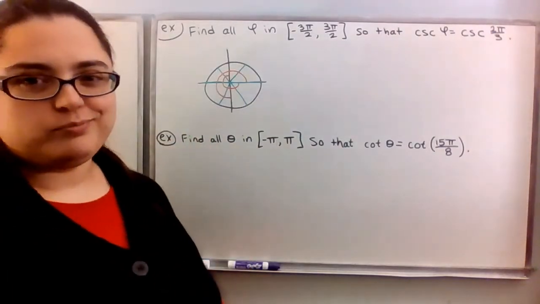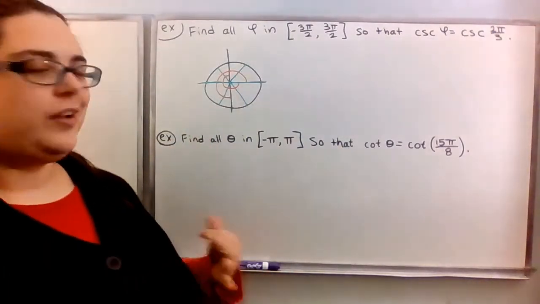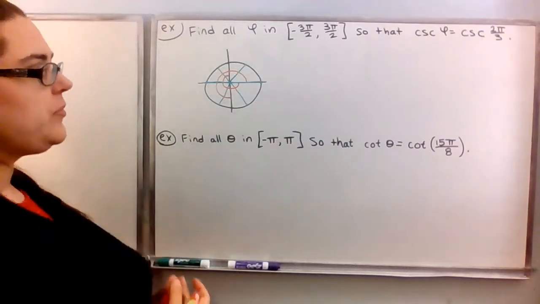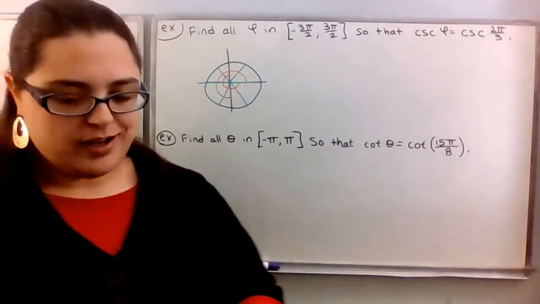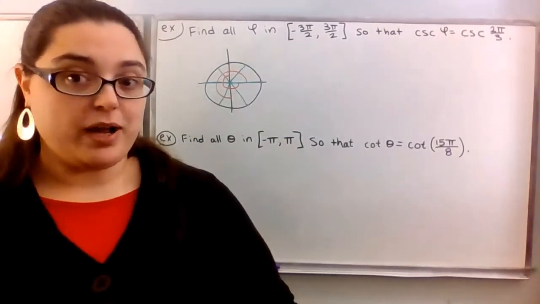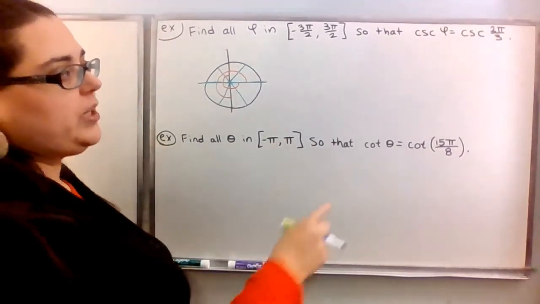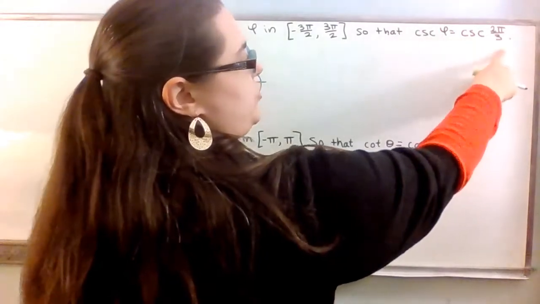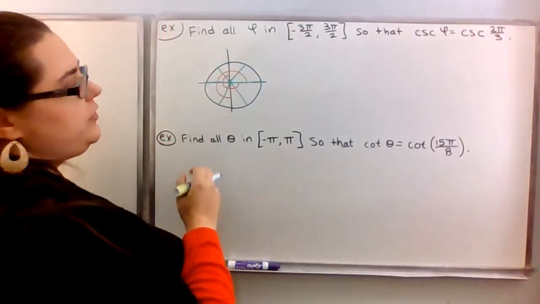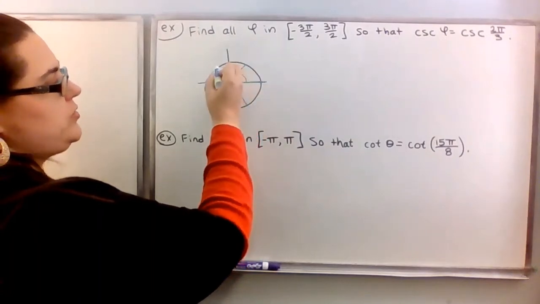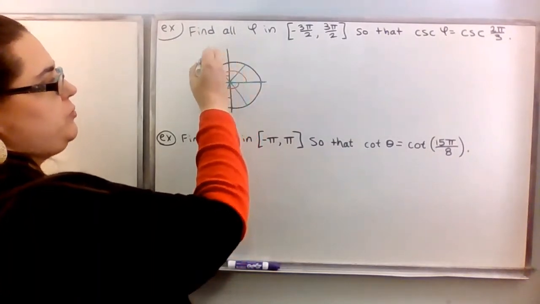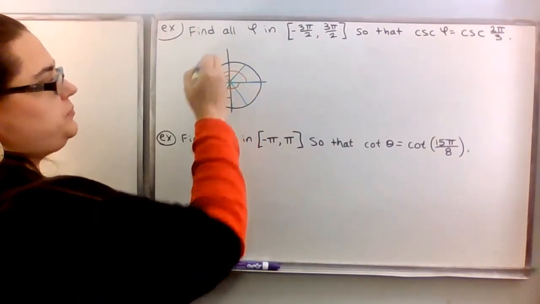So they're both like 3/4 of the circle in both directions. Okay, so that's my indicator here. And then lastly, let's graph 2 pi over 3 because that's the cosecant value we're interested in. So cosecant of 2 pi over 3 is 1, 2, over here. So this is where 2 pi over 3 is going to bring us.